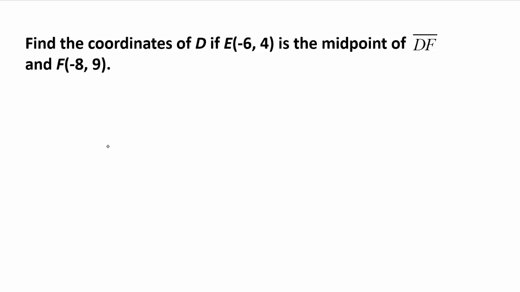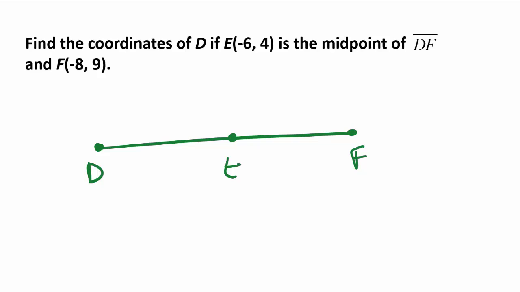So if we had a line segment, let's draw a line segment, call this guy DF, okay? And we have our midpoint, which we'll call E. So they've given us the midpoint and one of the endpoints. And what we need to figure out is the other endpoint.